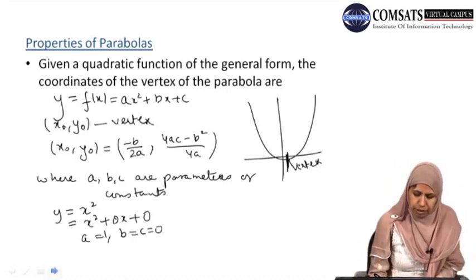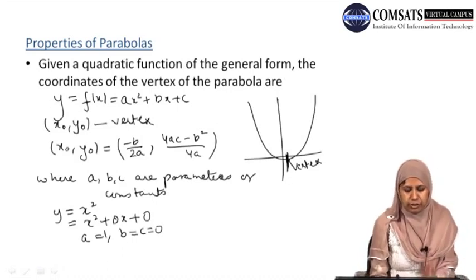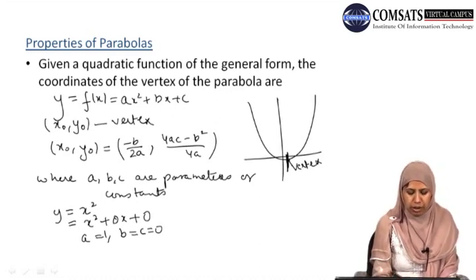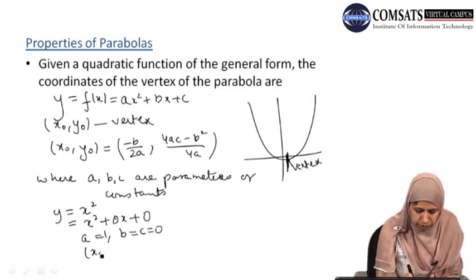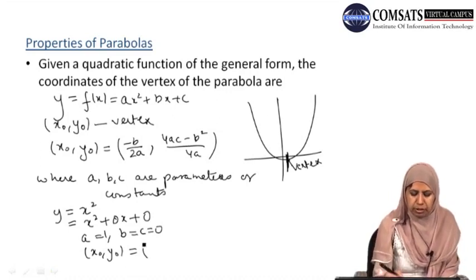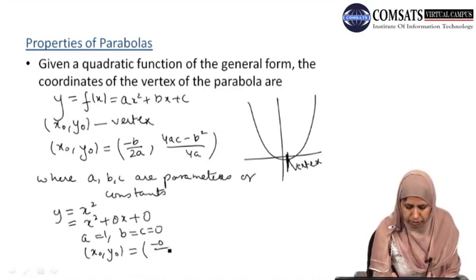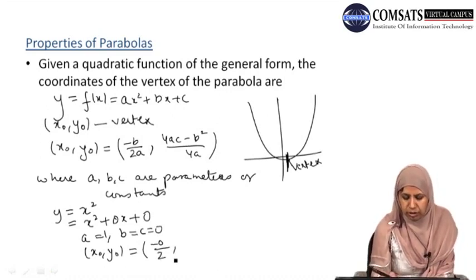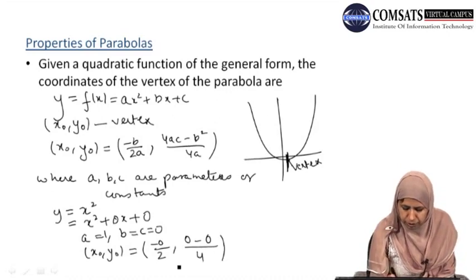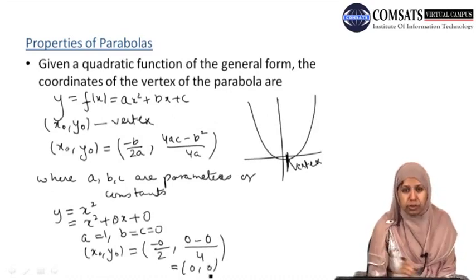Now, if we are interested in finding the vertex of this parabola, we will simply put the values of a, b and c in our formula, and we obtain the vertex (x naught, y naught) equals minus b, which is 0, minus 0 over 2a, which is 1, minus 4ac, which is 0, b squared 0 over 4, which is basically equal to (0, 0).